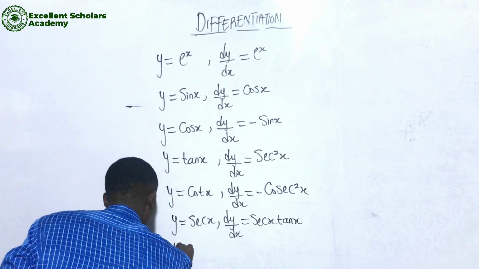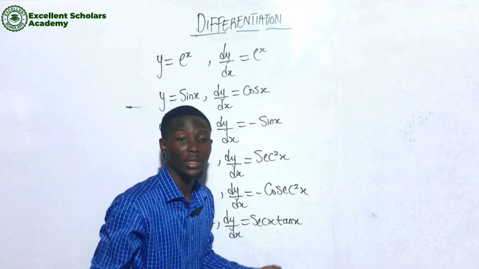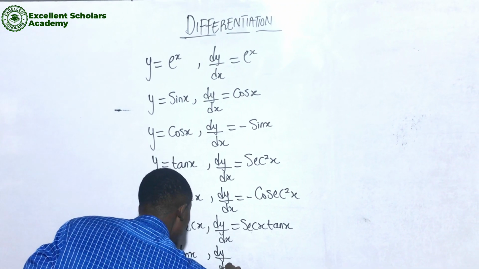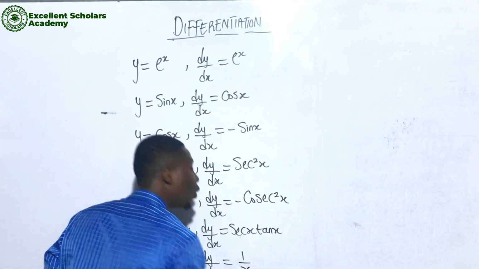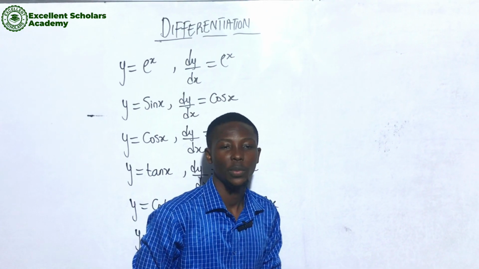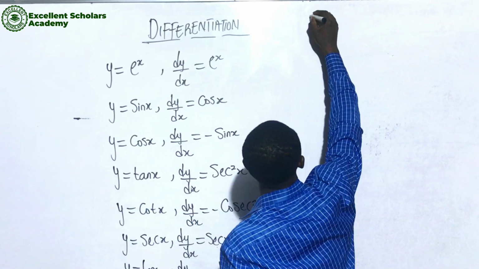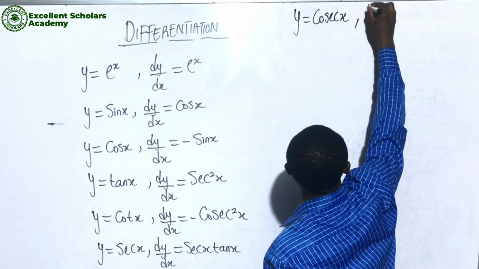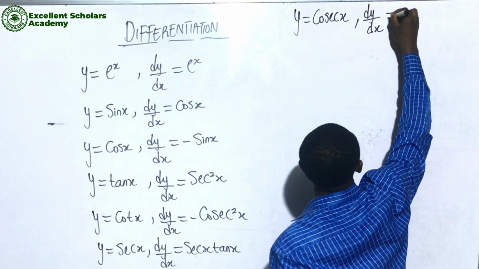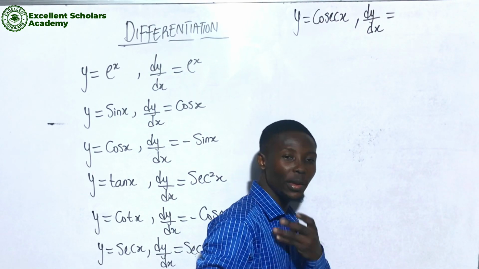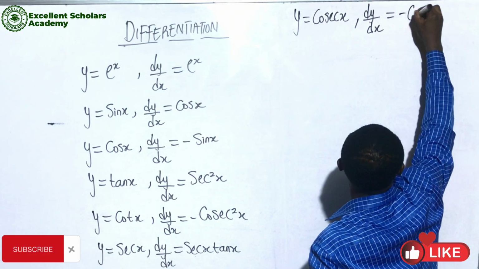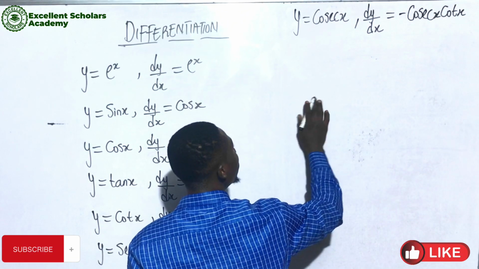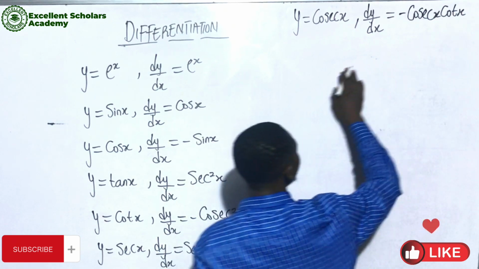Okay? Now if you're given a function y, for instance, is equal to ln x, your dy/dx is going to be 1 over x. If you're given a function cosec x, your dy/dx is going to be minus cosec x cot x.